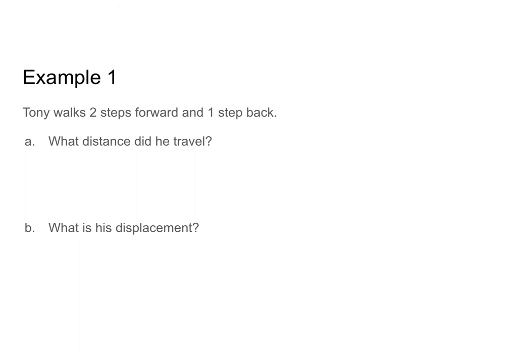So let's go ahead and do an example. And this one is nice and simple. So we've got Tony, who's going to walk 2 steps forward, which I'm going to go ahead and highlight in blue. And then he's going to go ahead and take 1 step back. So we're going to start by figuring out the distance he traveled. And I'm going to go ahead and underline distance. I'm going to change the color to yellow here.